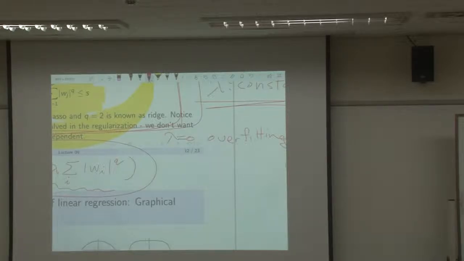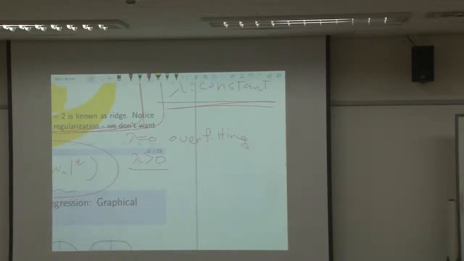Usually lambda is positive. A larger lambda greater than 0 gives less overfitting.